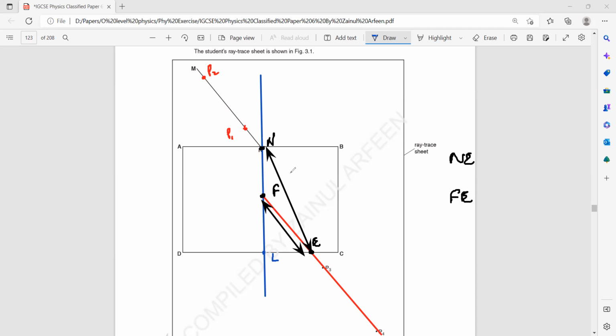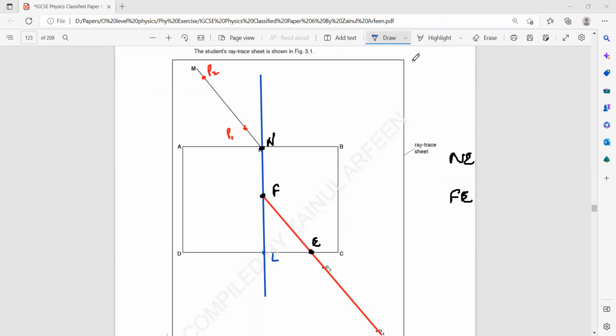Can you check again? N to E, what is the length? So measure from N to E, then your 6.3 or 6.4 will be there. And the other length, how much? Can you say the length for F to E?